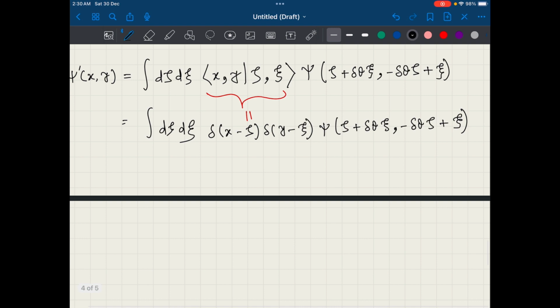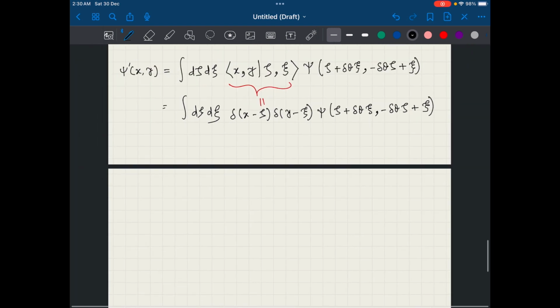So ultimately what do we have? We have this relation: psi prime of x y is equal to psi of x plus delta theta y, y minus delta theta x, after doing this integration.